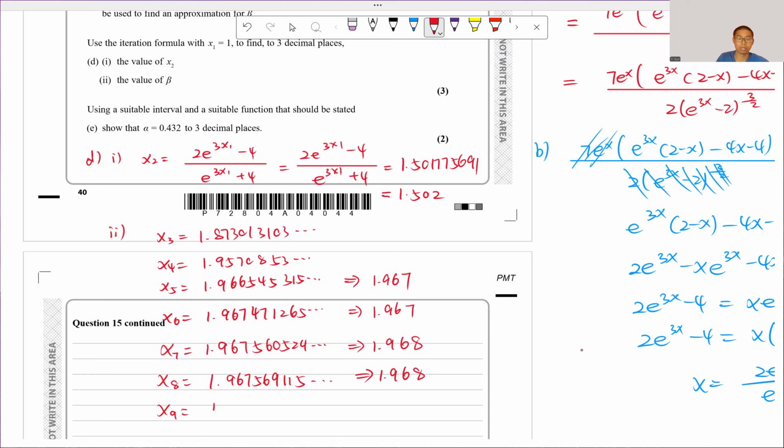So you can see after this value, they all round to 1.968. So then 1.968 will be the value for beta.